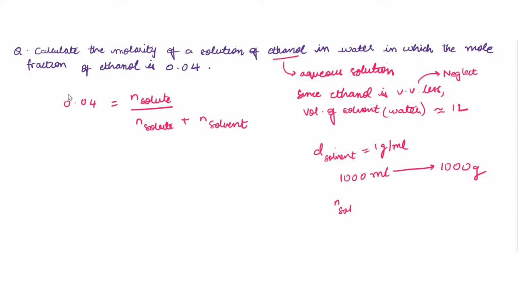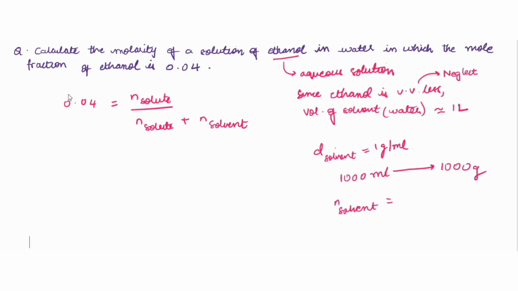Okay. So from this we can find the number of moles of solvent. Why did we take 1000 ml? Because we are assuming the volume of the solvent, the volume of water, is 1 liter, because we have to find molarity.